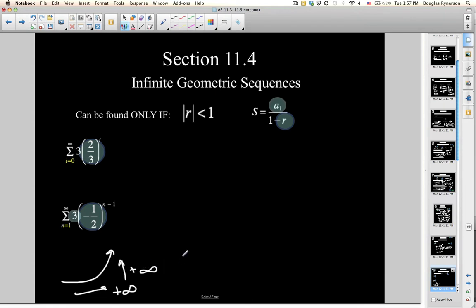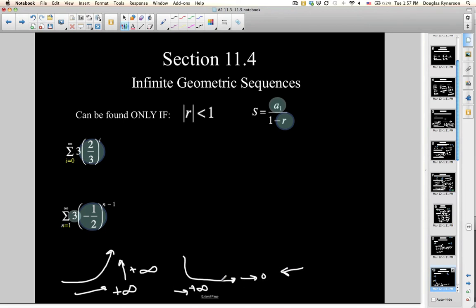On the other hand, when we dealt with exponential decay, as I approached positive infinity with my inputs, my graph approached 0. So each new term in this case has less and less impact on the final sum. So we actually can find the sum of infinite geometric sequences if and only if we're in an exponential decay model.